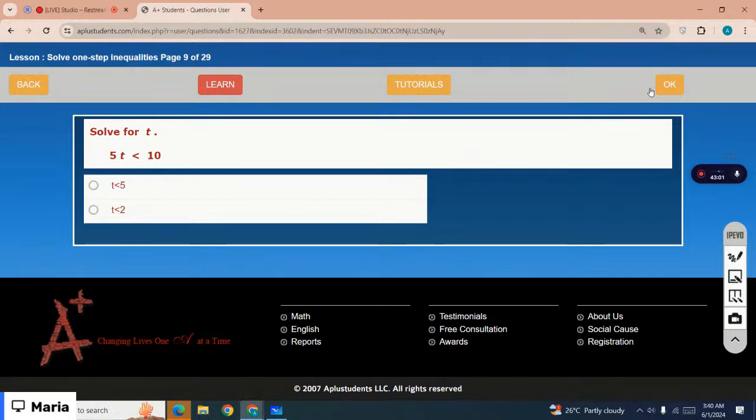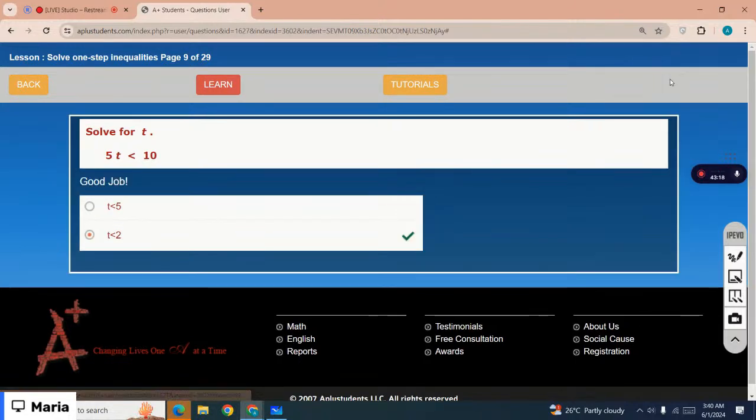Solve for t. 5t is less than 10. So which is the correct option? That is t is less than 2. Option number 2 is the correct option.